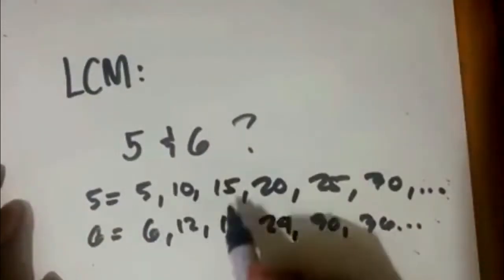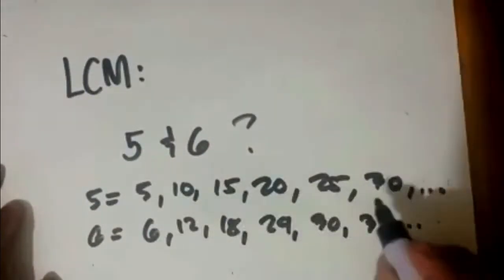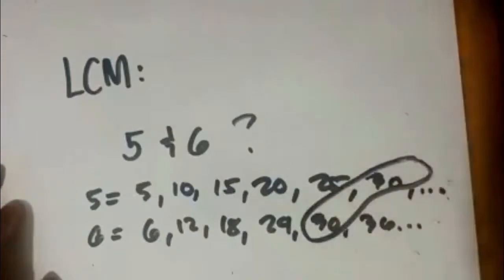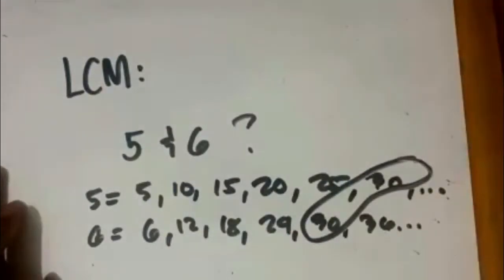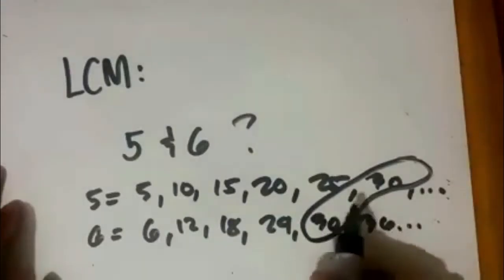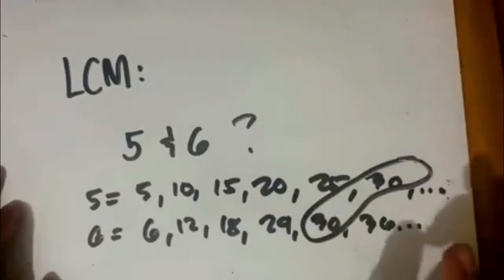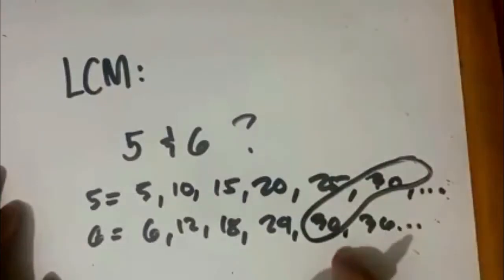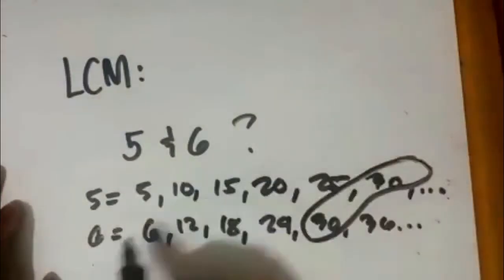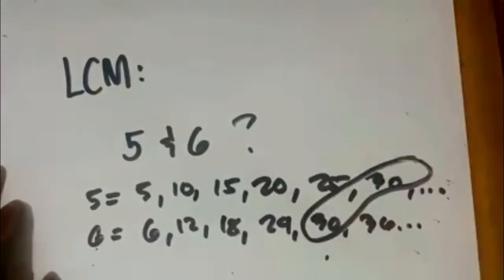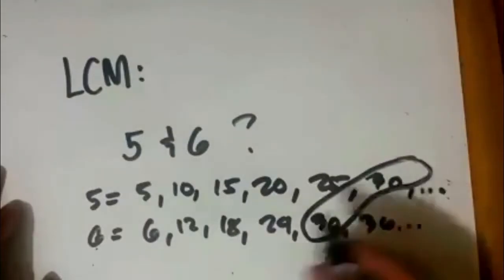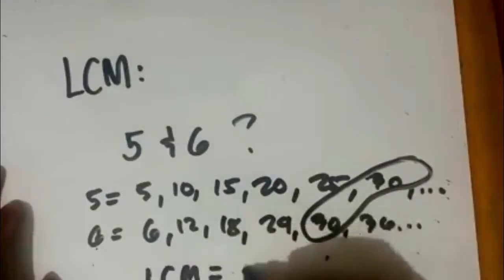So dito, wala tayo makita magkakaparehas. But look at this one. Yun. Yung multiple ng 5 at saka ng 6 is magkakaparehas sila when it goes sa 30 na number. So, this is 5 times 6 and this is 6 times 5. So, we will have an answer of 30.